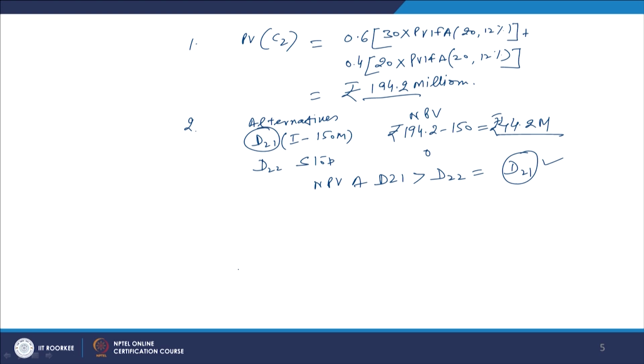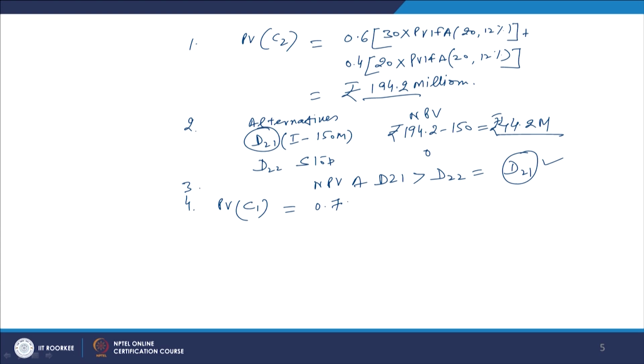For this we have to calculate the NPV. This is step number 3, and this is step number 4. We have to calculate the present value at C1, not NPV, but the present value at C1. What is the probability of chances of success? 70%.